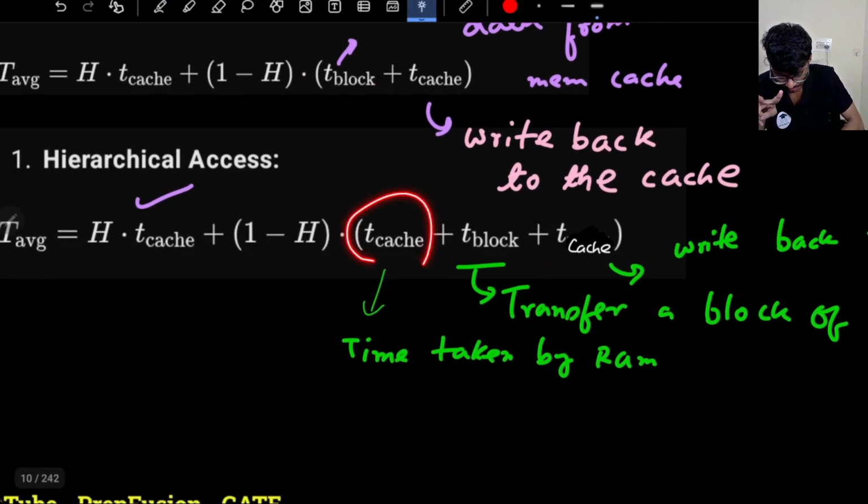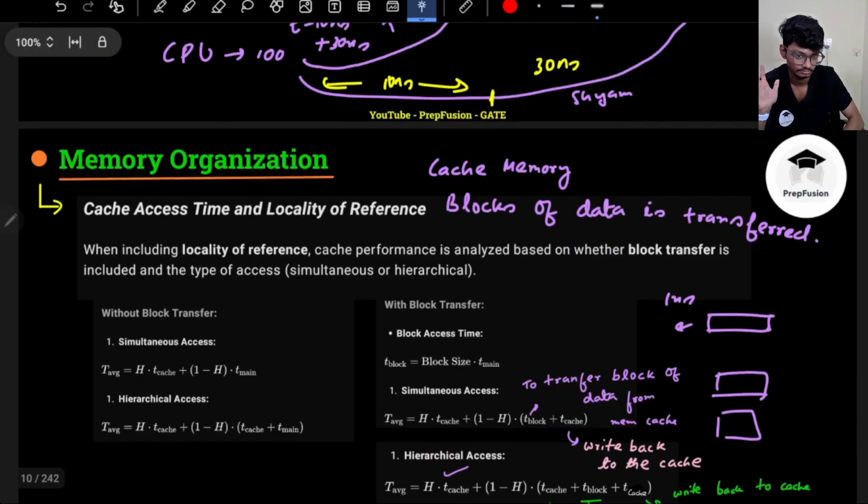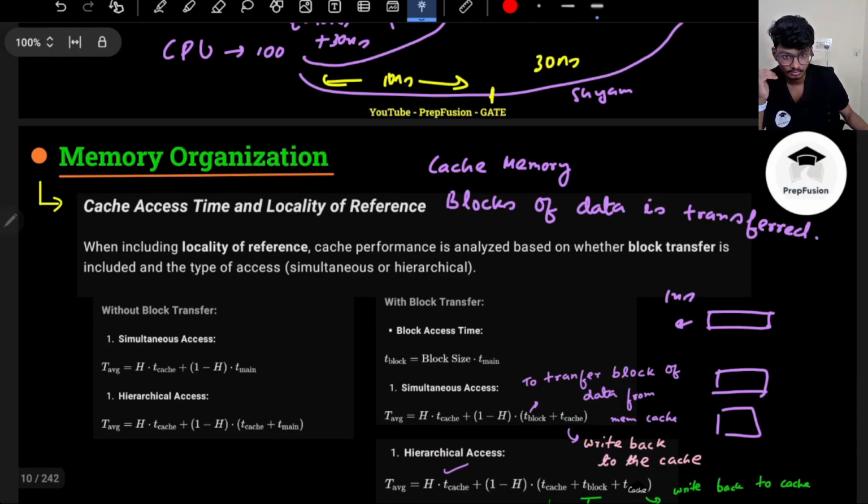But I did not have to waste this extra T cache. I did not have to wait for T cache for Ram to check whether it exists in the cache memory or not. I started instantly. When Ram went, Shyam also went. So that's why there is a difference of T cache. Got it? I hope that portion is clear.